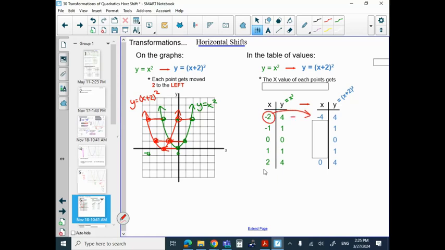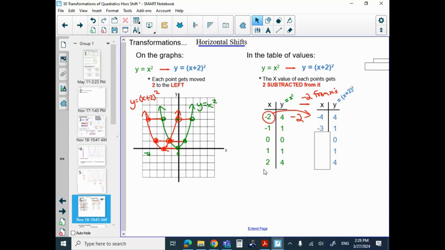So it's actually subtracting 2 from the x's. Okay, so we're subtracting 2 from the x's. And I'm pretty sure, if I remember right, I put in here that the x value point gets 2 subtracted from it. It's just what we see on the graph: it's to the left, so we're subtracting by 2. So again, subtract 2 from a 1, you get a minus, 2 from negative 1, right? I'm going to have to be careful with that. I was illustrating the common mistake that people would make, of course.